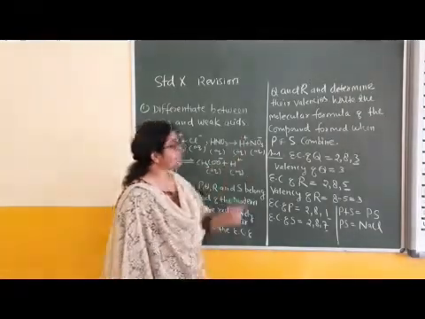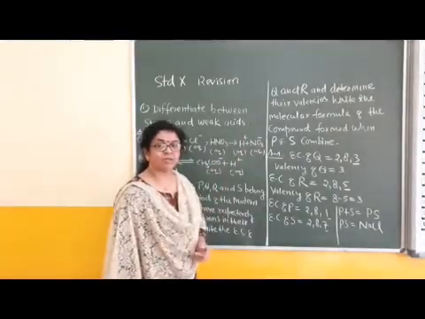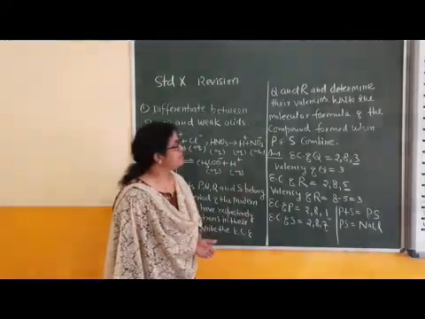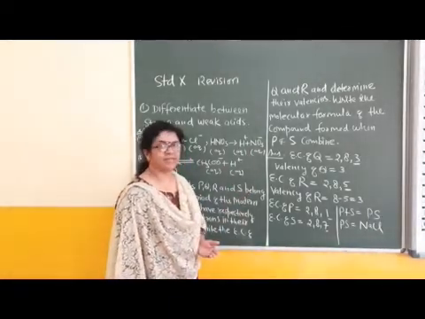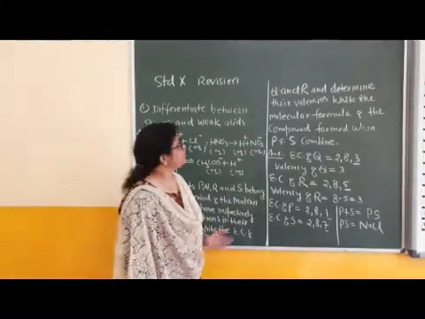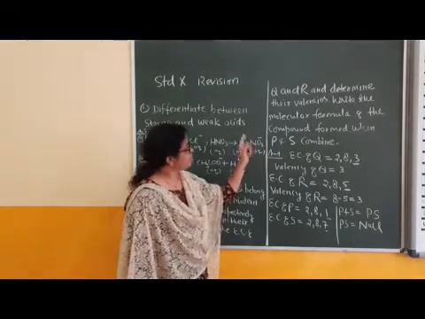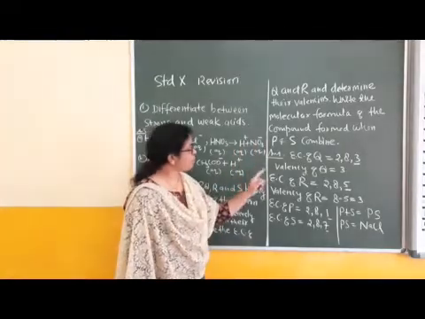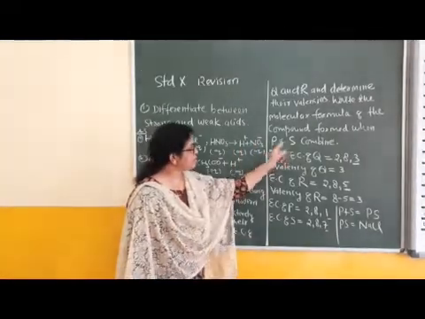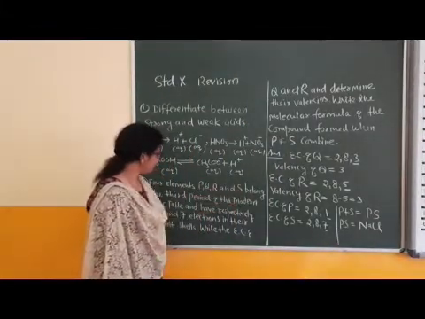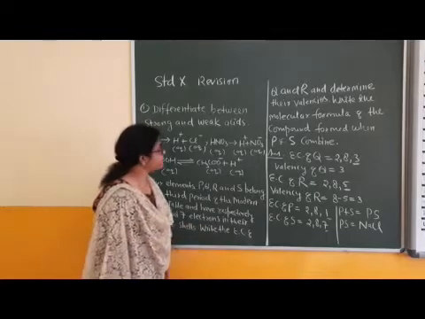Write the electronic configuration of Q and R on the basis of their valence electrons and predict their valences, the combining capacity of Q and R. Write the molecular formula of the compound formed when P reacts with S.